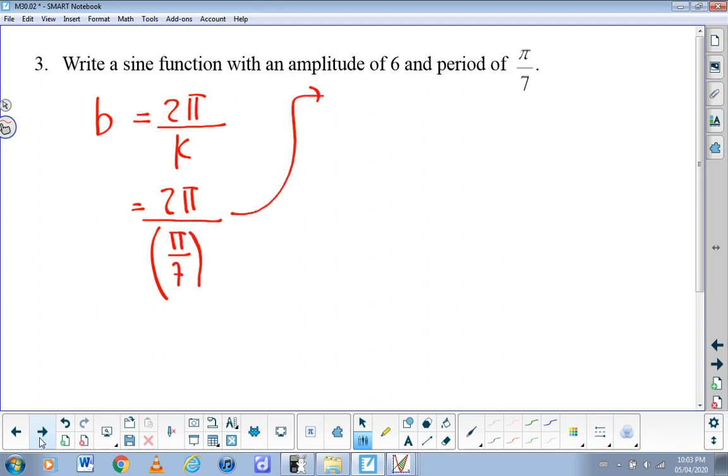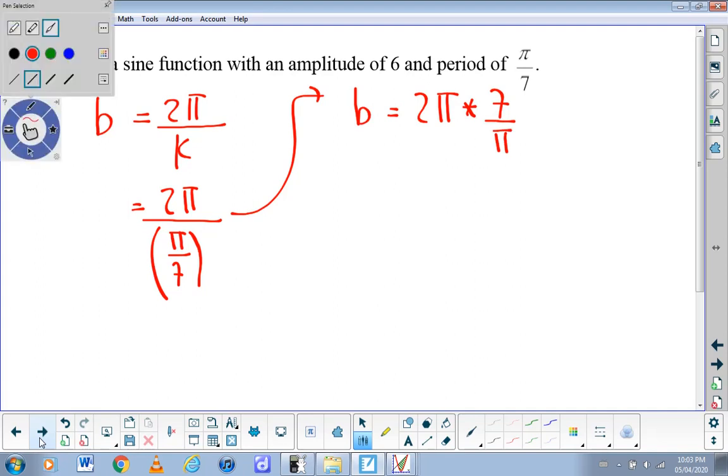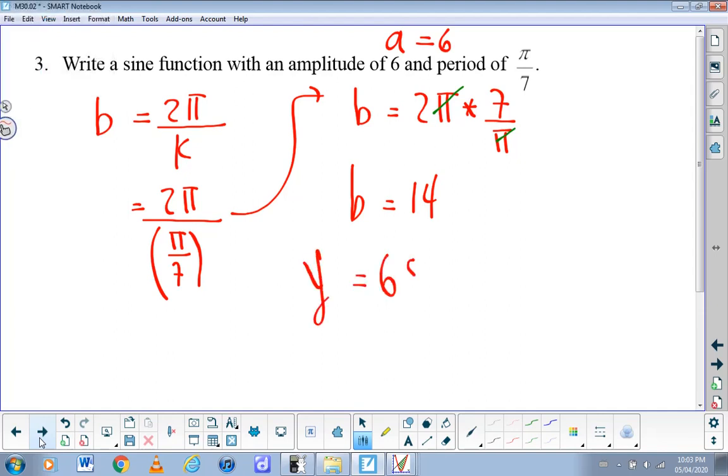When you divide by a fraction, you multiply by the reciprocal, and what happens here is our pi's cancel, and you're left with b equals 14. A is 6. Or negative 6, it's entirely up to you. So one function would be 6 sine 14x.